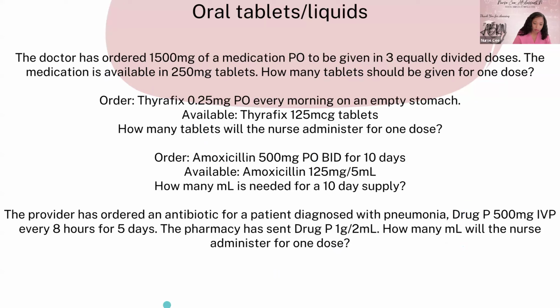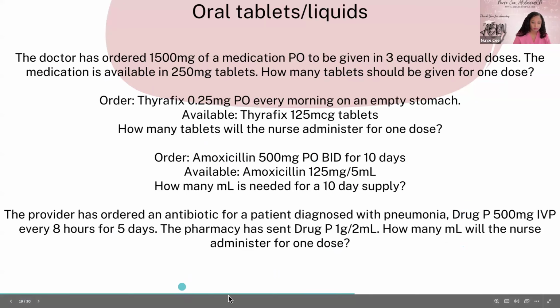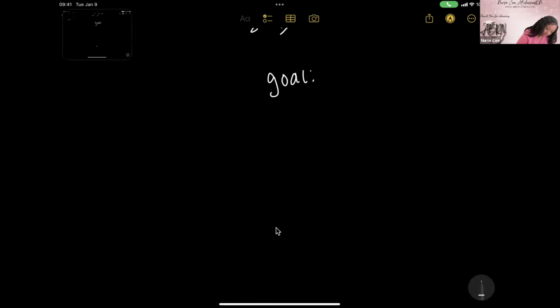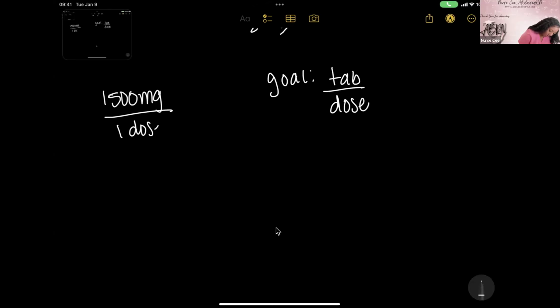So we'll set it up. So our goal is going to be tablets on the top and dose on the bottom. So in the problem we had ordered 1,500 milligrams, and that is to be divided into 3 equally divided doses, right?